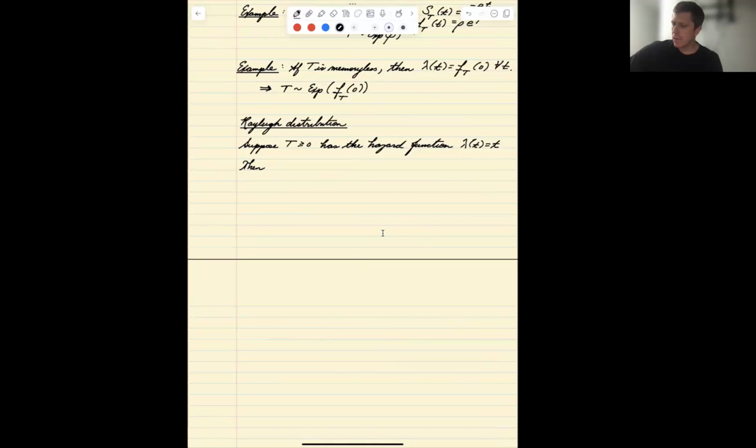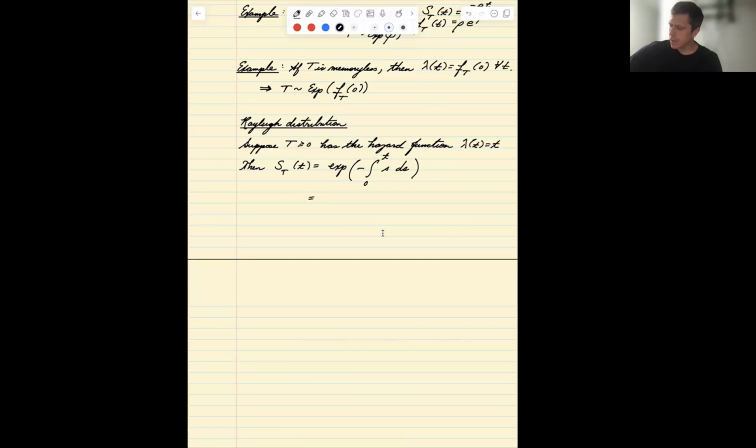Okay, the survival function of T is exponential minus the integral from 0 to t of the hazard function, which is just s ds.